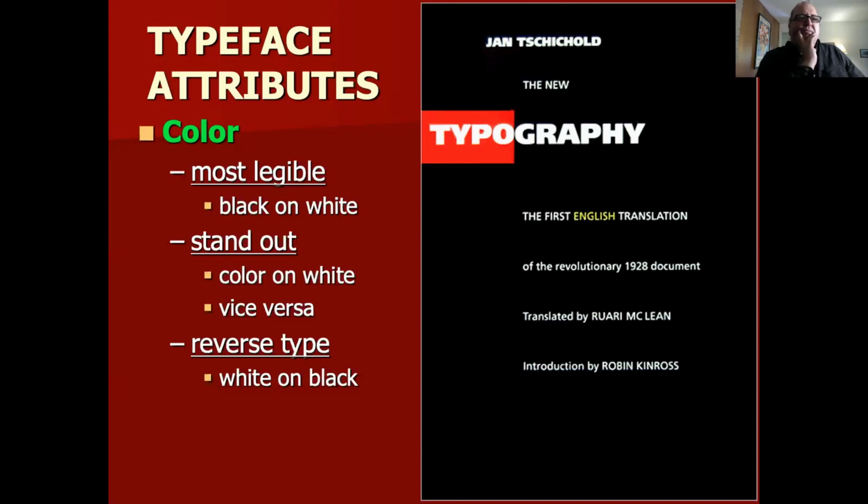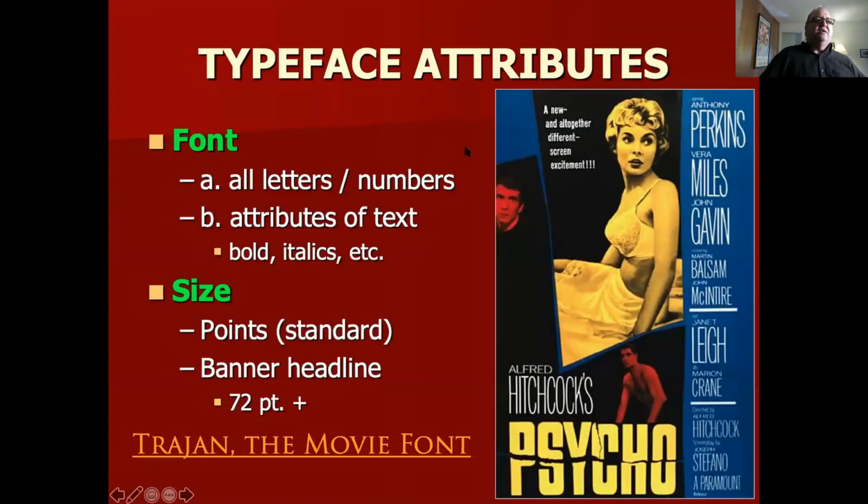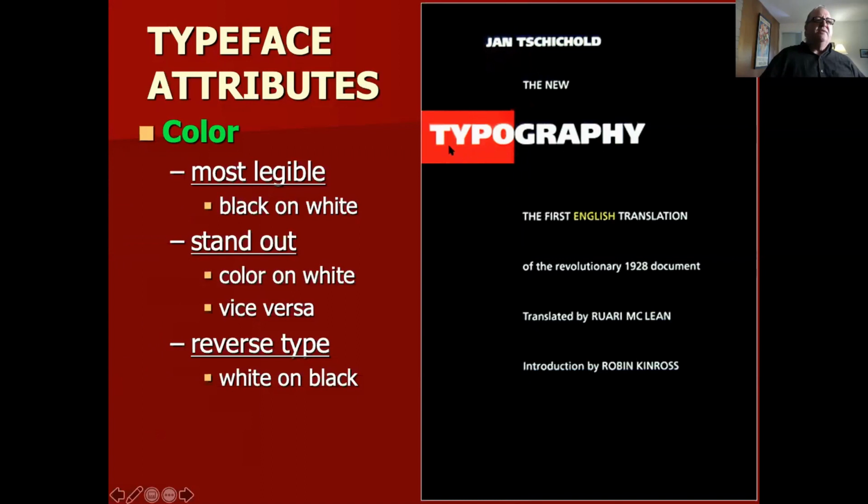But normally when we talk about reverse type, it can be a lighter color out of a darker color. See here, you've got white reversed out of red, for example, and that is true reverse type. This is reverse type. This is technically not, but I would refer to that as yellow reversed out of black very often. So that's that.